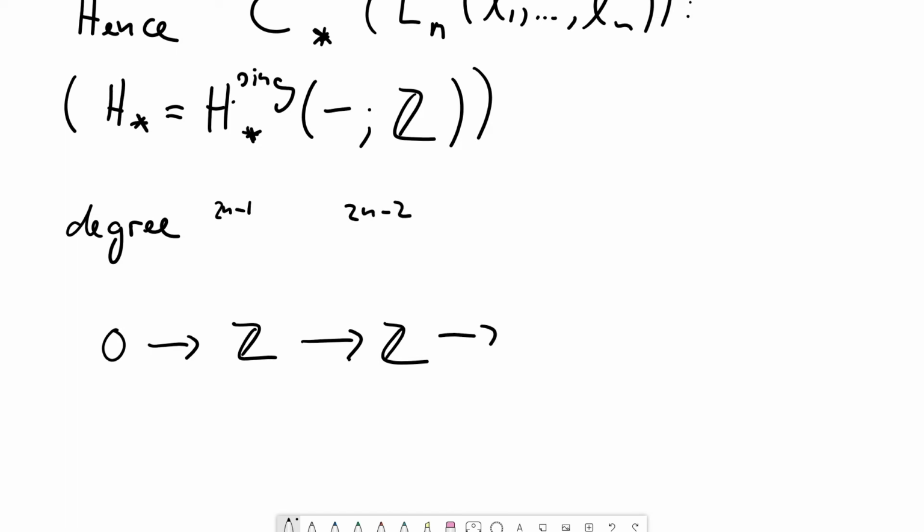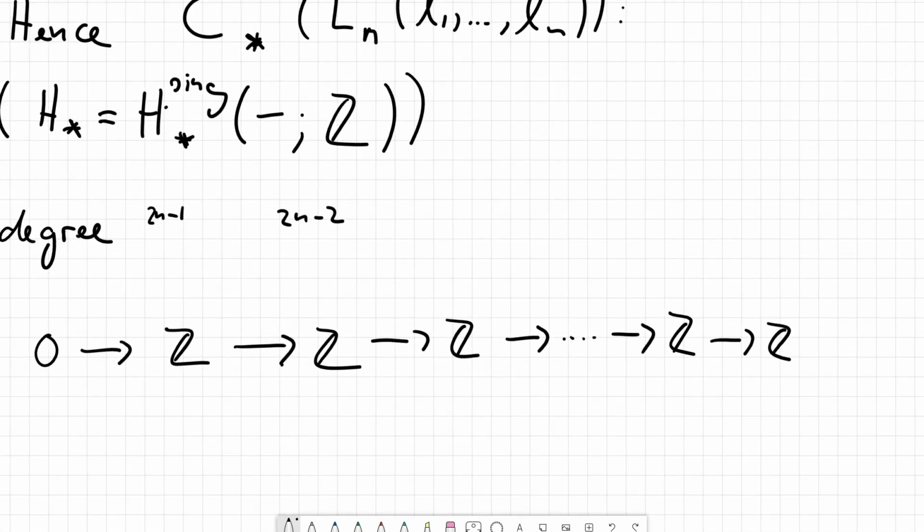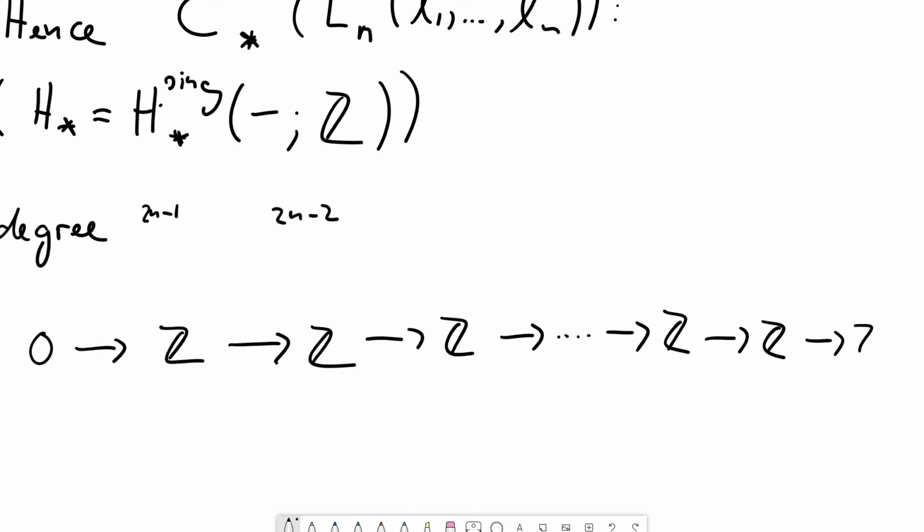Always just one cell. So let's see how far we want to draw it. Maybe a tiny little more. Z, 0. So this is 2n minus 2, this is 2n minus 3. This is 0, this is 1, this is 2.